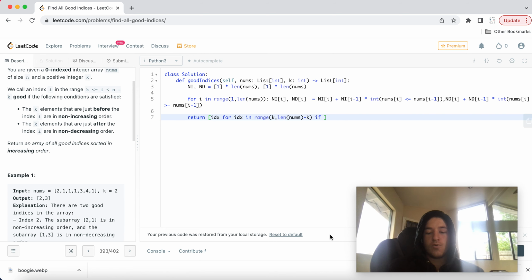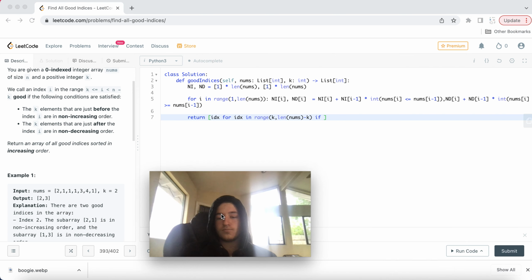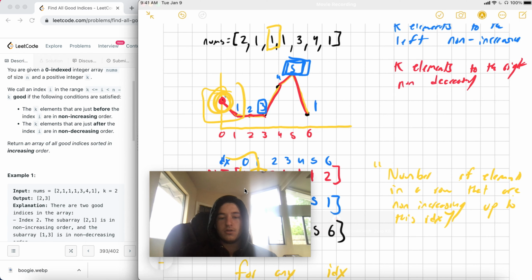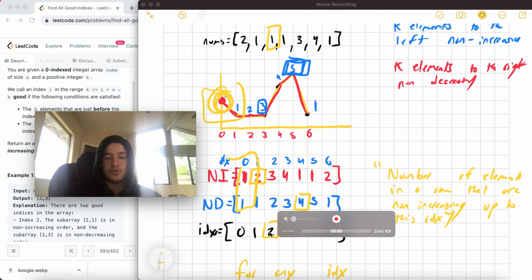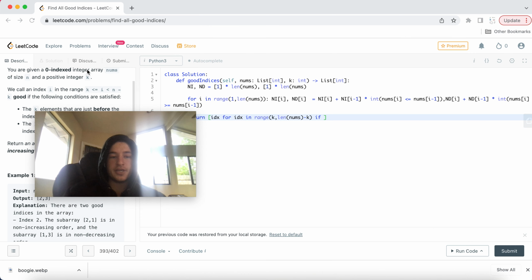Remember in this problem, for index 2, we checked the previous index to make sure it was non-increasing.